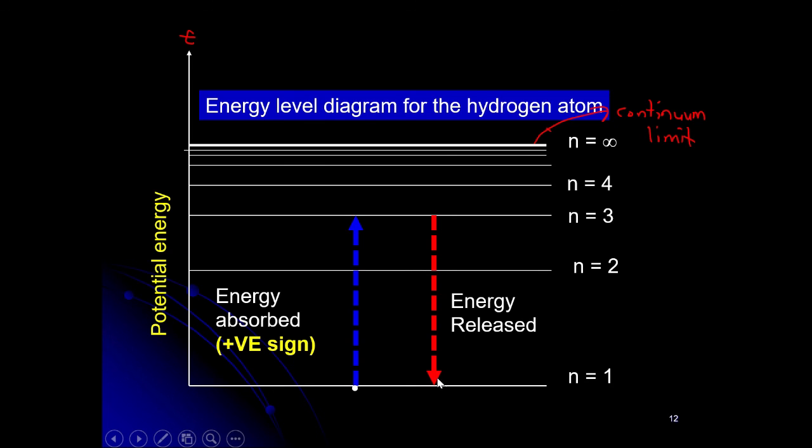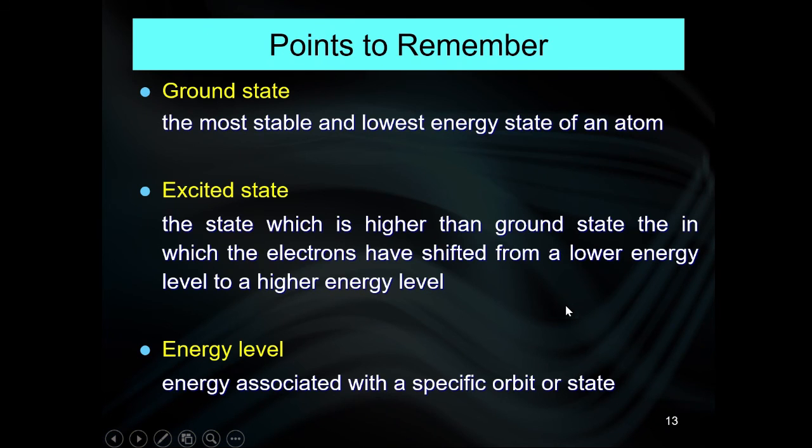So it falls back to the ground state. It must fall back because when it absorbs a certain energy, it will release the same amount of energy, right? Okay, so it will have a negative sign. When you calculate the energy released, you will have a negative value of energy.